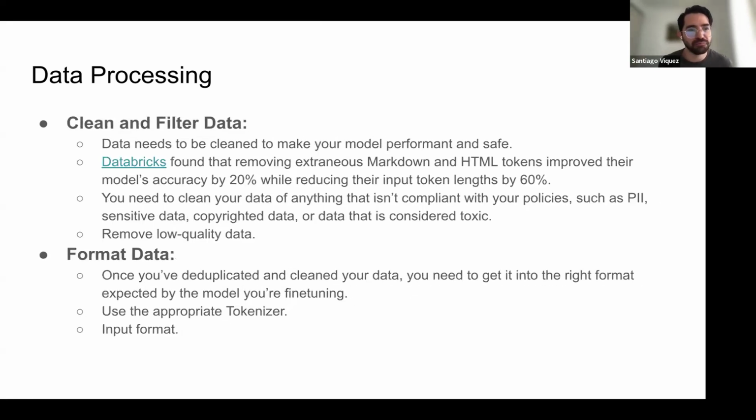Then also important in the processing steps: clean and filter your data. Clean data is very similar to the definition of high quality data. You want clean data to make your model perform better and also be safe.